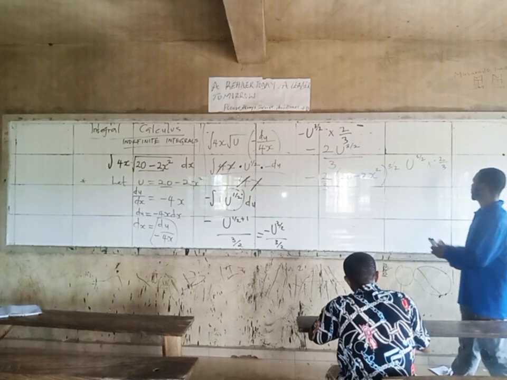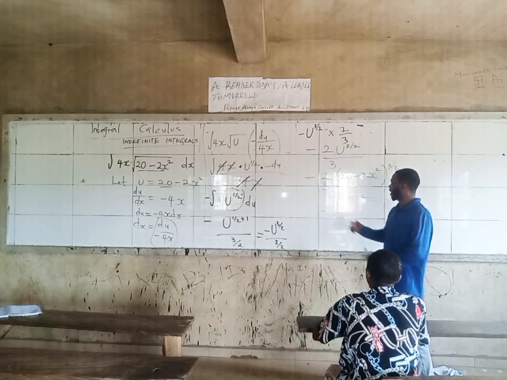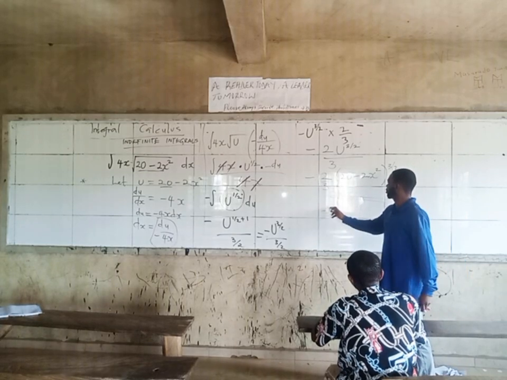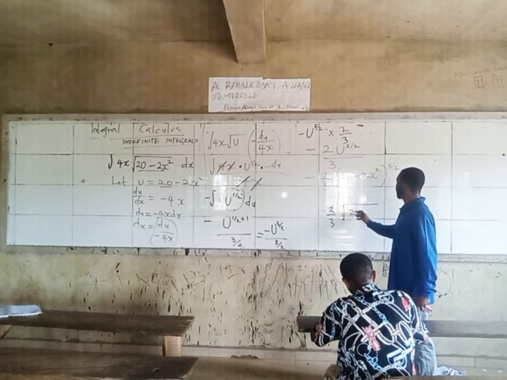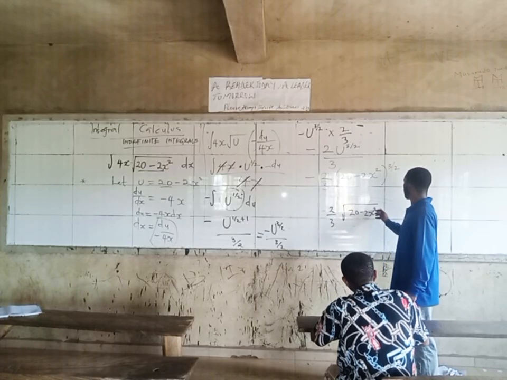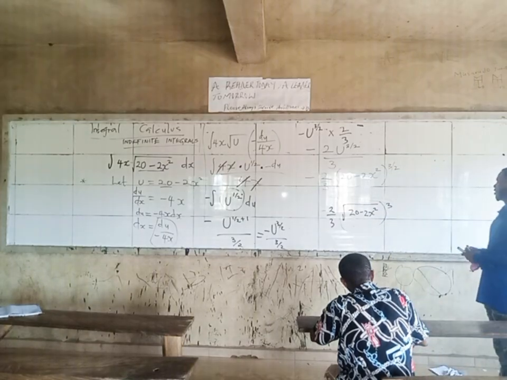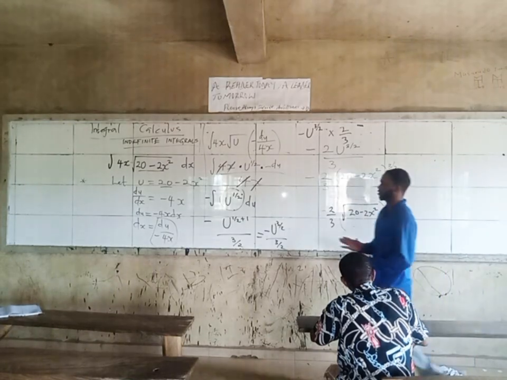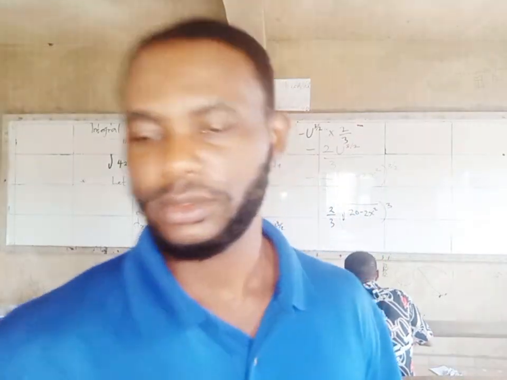If I want to simplify further, I can say this is minus 2/3 root of 20 minus 2x squared, raised to the power 3. This is still the same thing.